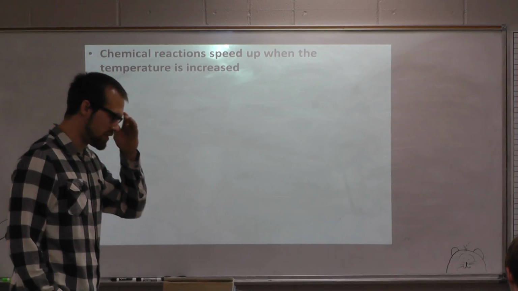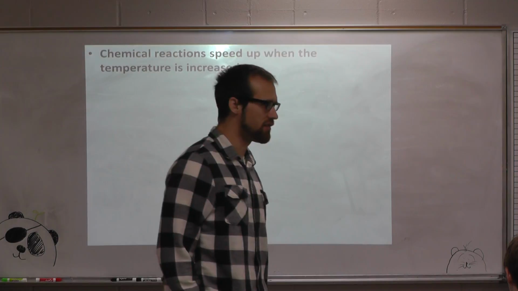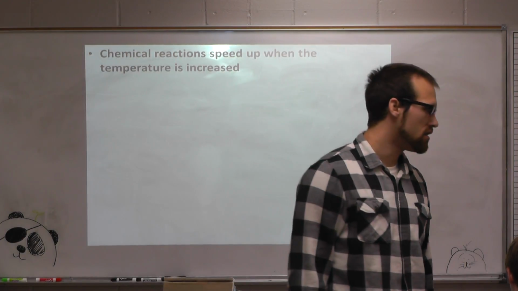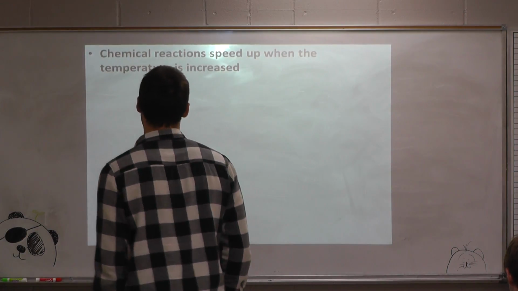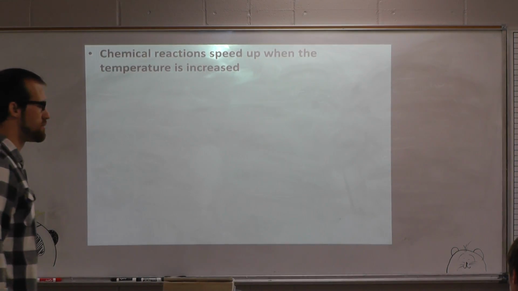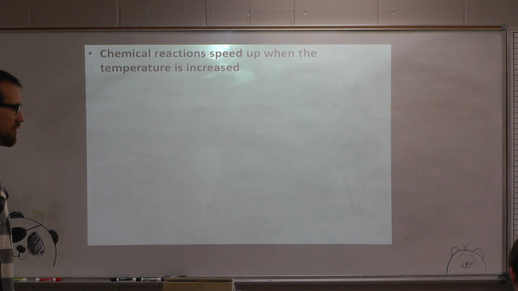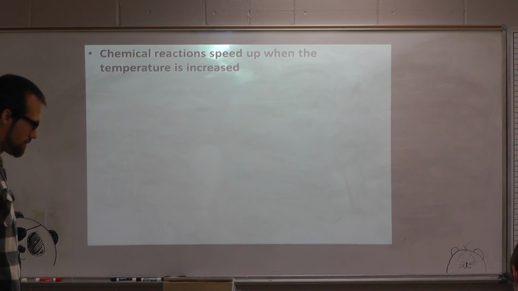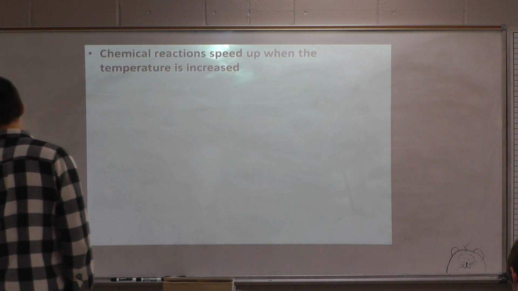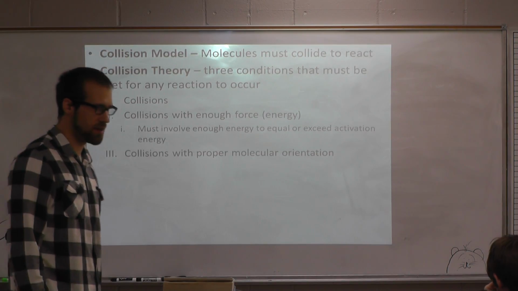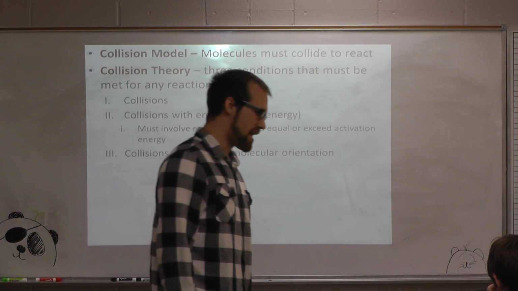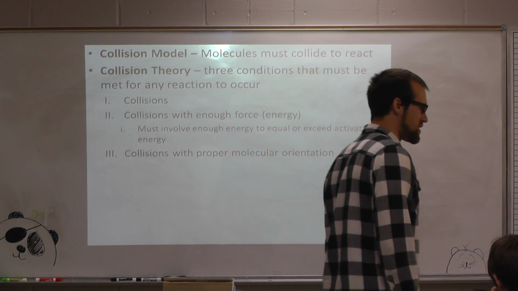One thing that should jump into your mind pretty quickly is the effect that temperature has on how fast a chemical reaction is going to speed up when the temperature is increased. Now, the why behind that is going to come from the collision theory, which I'm sure you guys remember.